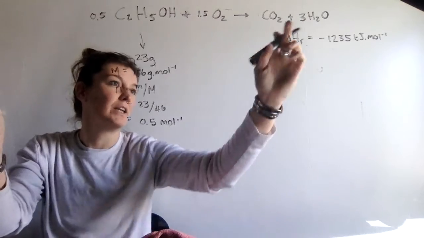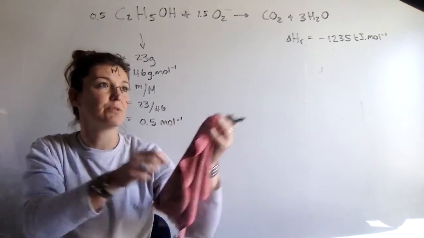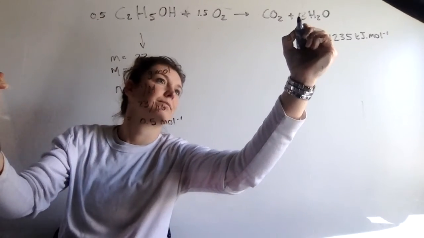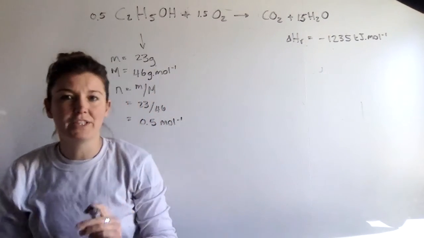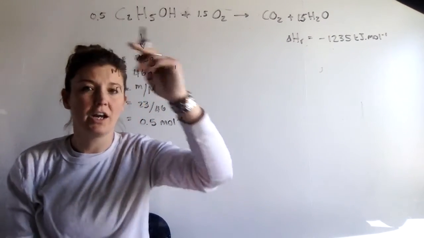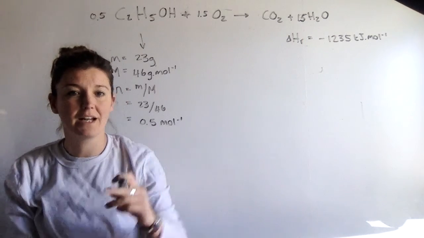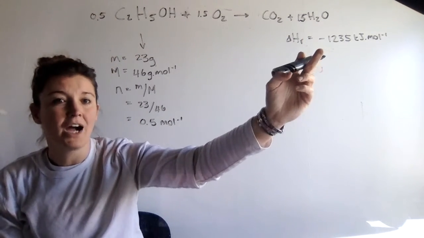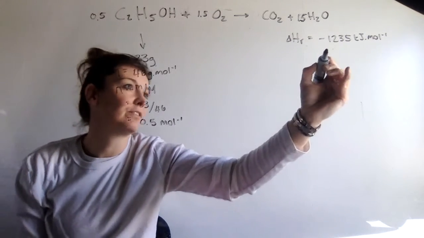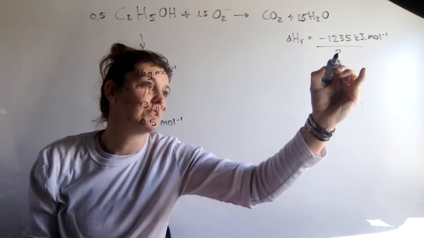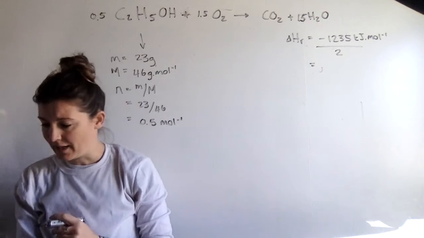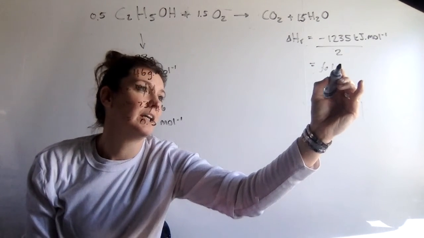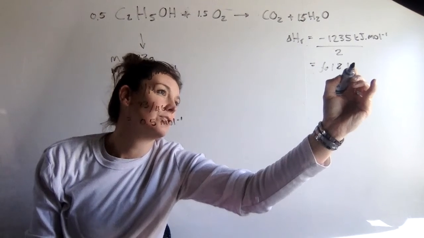That's going to just be 1, and then that one will be 1.5 as well. And if we've done that, then half of that recipe will give you half of this amount of energy. So we'll need to divide this as well by 2 to give you that amount of energy, and that is going to be 618 kilojoules per mole.